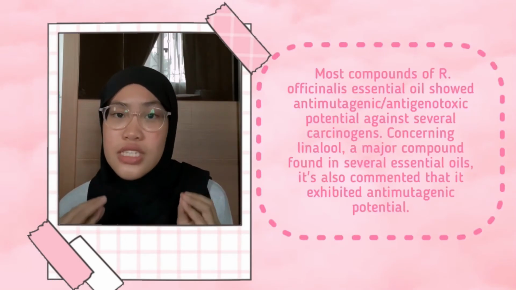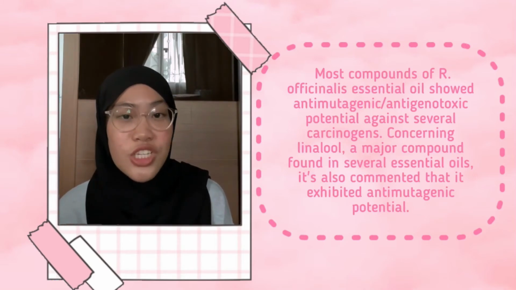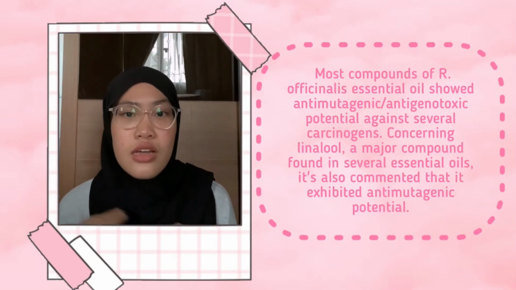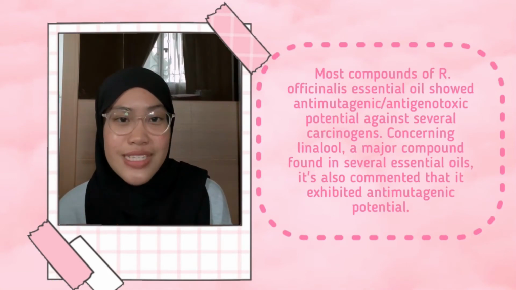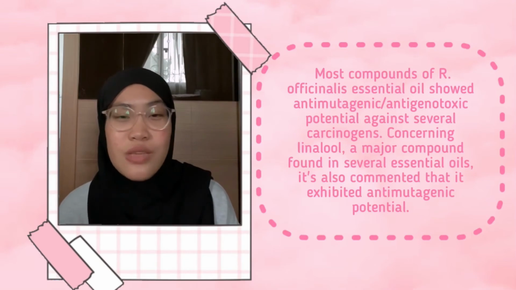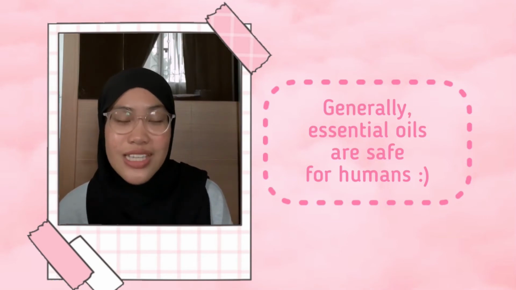Moreover, it was stated that the main compounds of R. officinalis essential oil showed anti-mutagenic or anti-genotoxic potential against several carcinogens. Concerning linalool, a major compound found in several essential oils, it is also commented that it exhibited anti-mutagenic potential. Therefore, it can be inferred that generally and within the bioactive concentrations, essential oils are safe to humans.